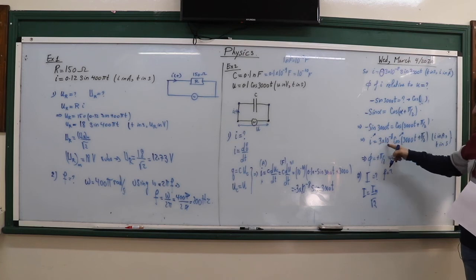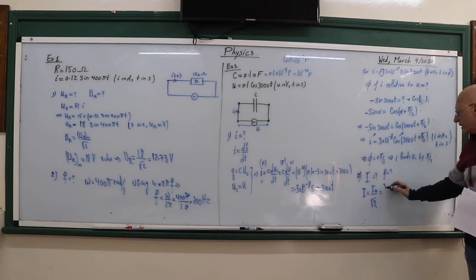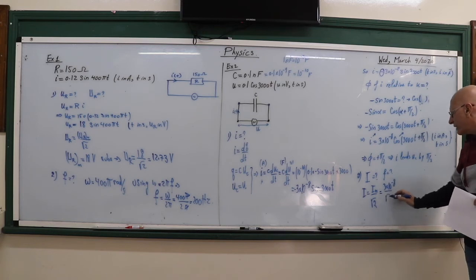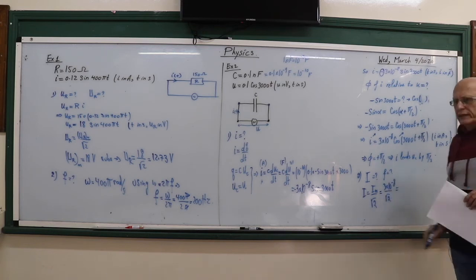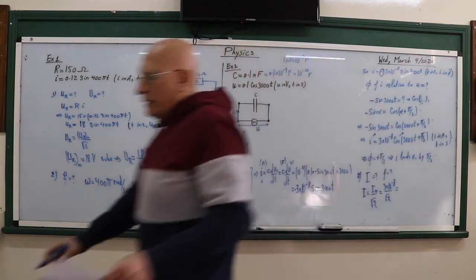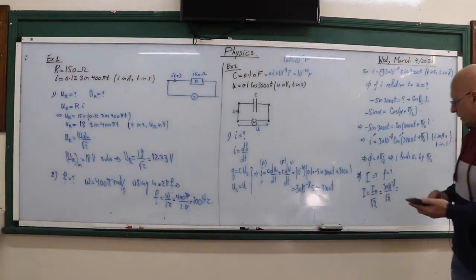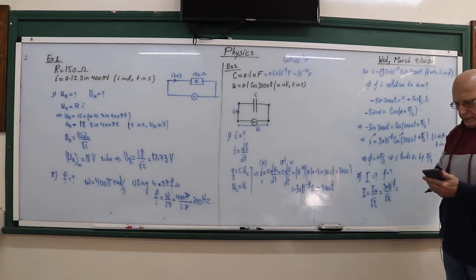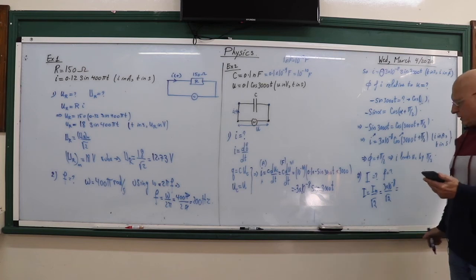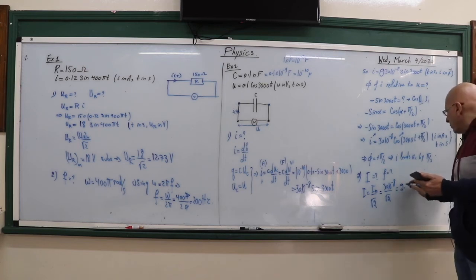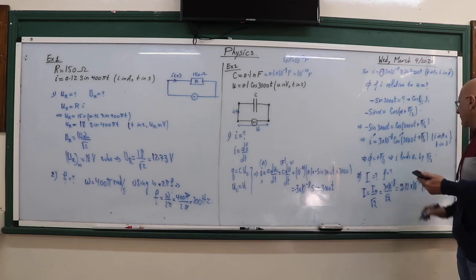You get I maximum equals 3 times 10 power minus 8 over radical 2, and you get 2.12 times 10 power minus 8 ampere.